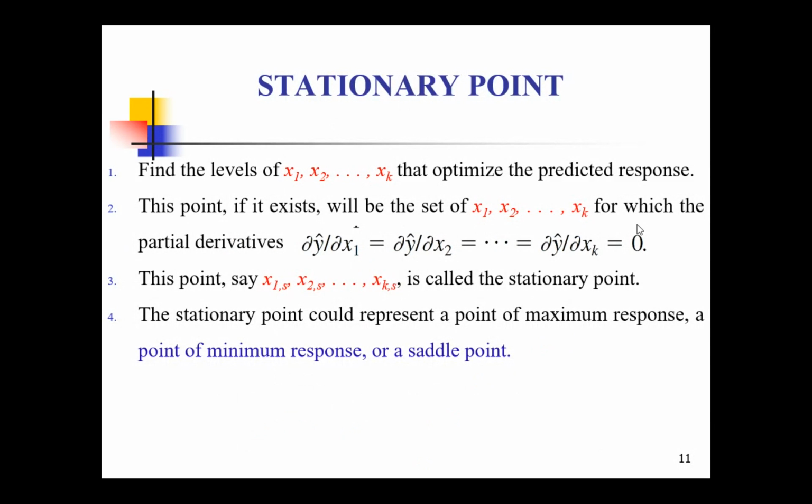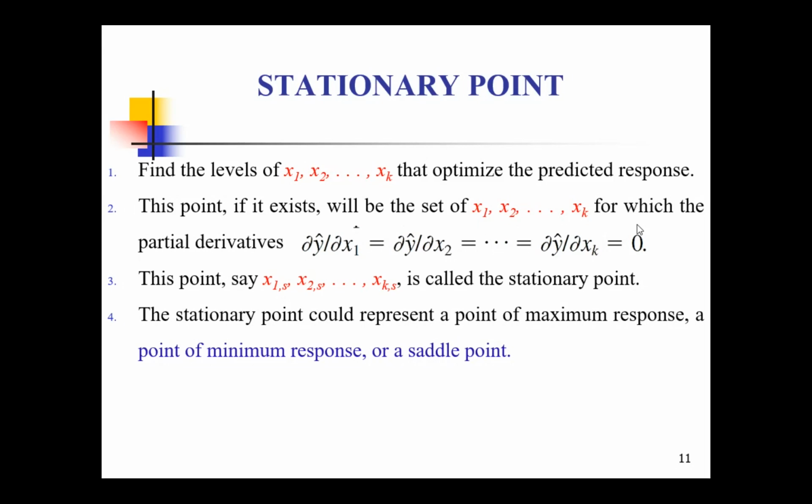So here we will come across a point that is called a saddle point or a stationary point. The ultimate aim of this response surface methodology is to identify the optimal conditions. The optimal conditions is nothing but a value between the range of the input parameter.